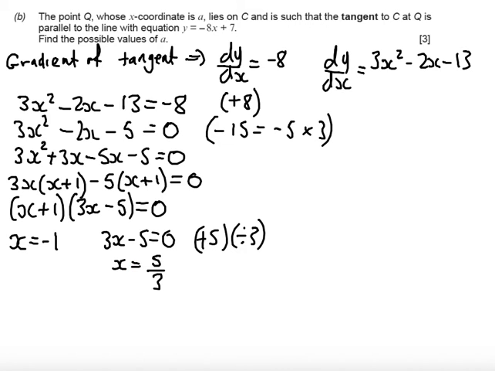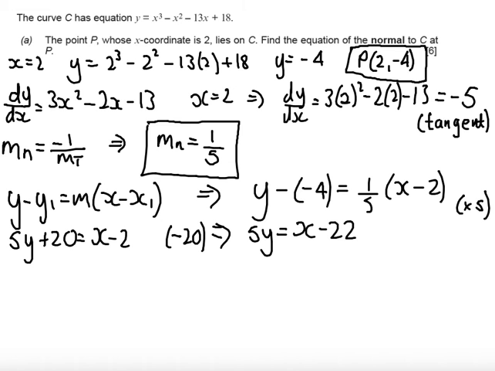Okay, well let's look back and see how the marks were awarded in this question. First of all, there is a standalone mark for finding y is equal to minus 4. Next, there's a method mark for attempting to differentiate. There is then a method mark for attempting to substitute in x equals 2 into dy by dx.